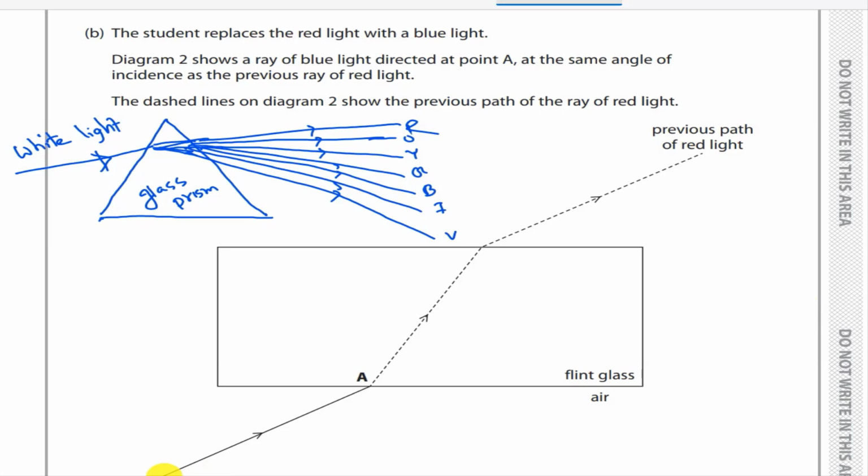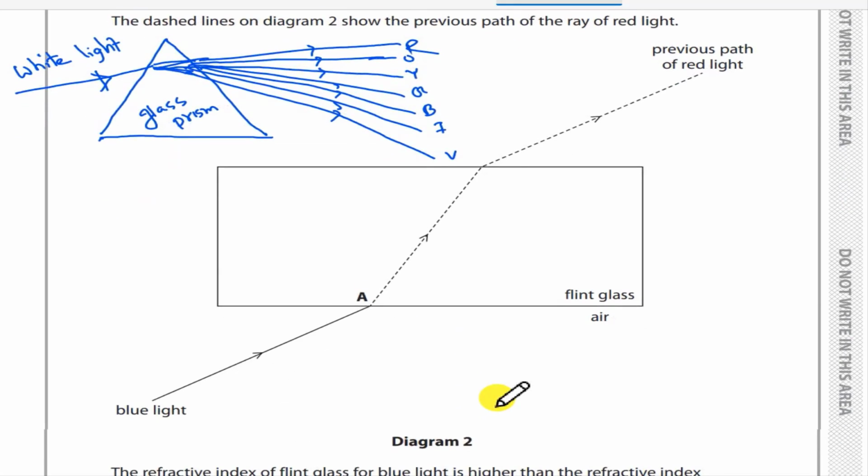So if blue light is incident on point A, then it refracts more. That means it bends towards the normal more. Blue light refracts more.